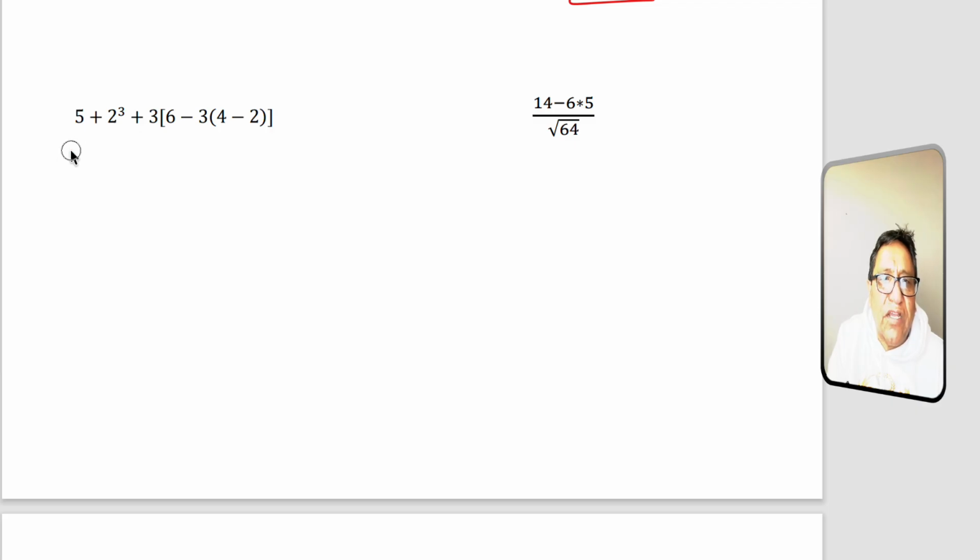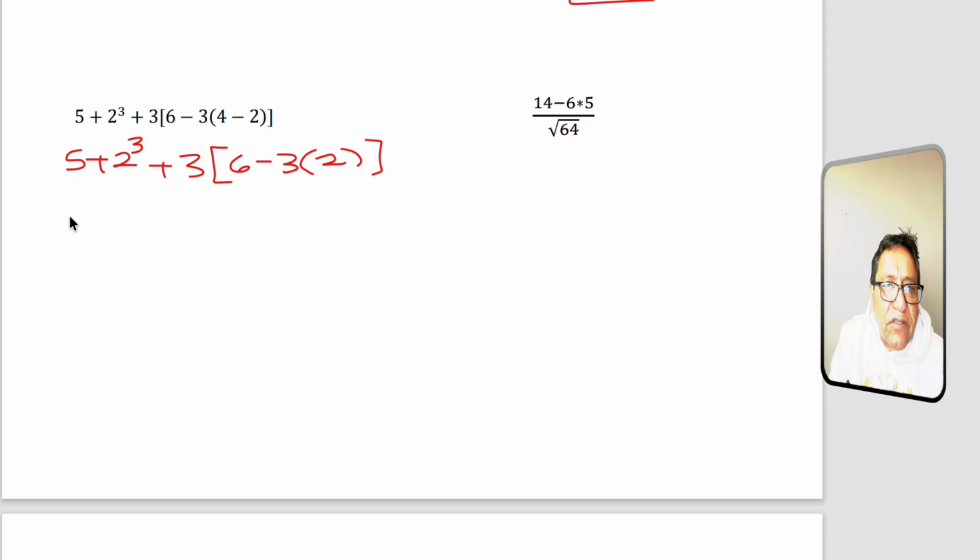So it will be 5 plus 2 cubed, plus 3 times, now we open brackets, 6 minus 3 times, inside the parentheses 4 minus 2, which will be 2. Close parentheses and close brackets.